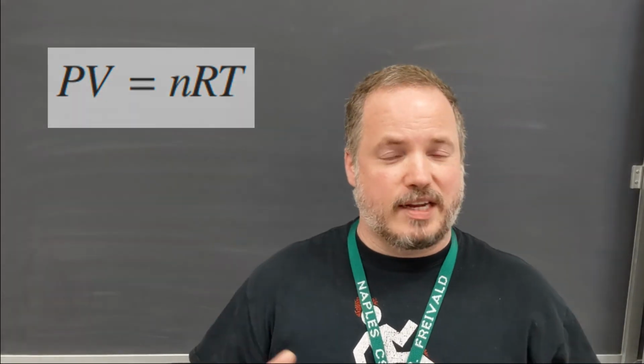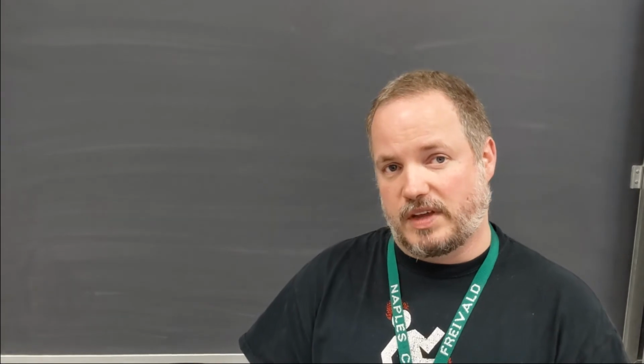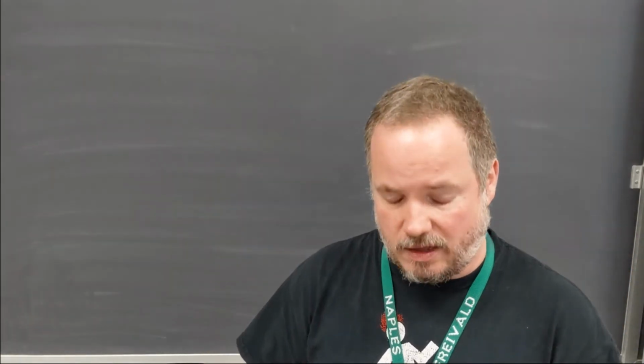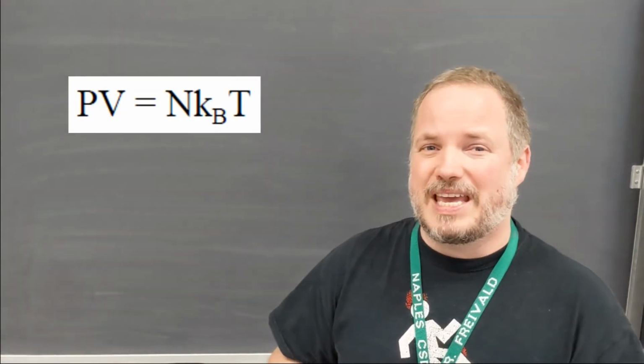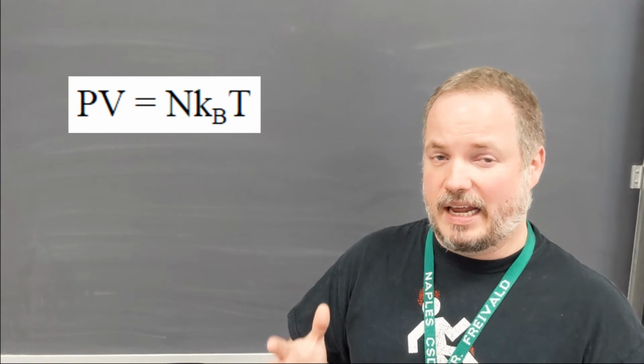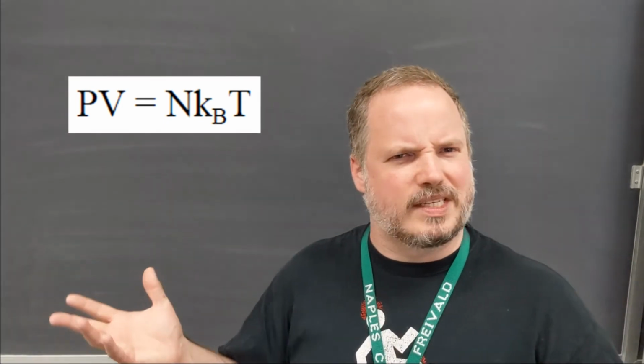An extension of that is almost definitely not chemistry review, but it's what we'll leave you with in this video. If you want to look at gases instead of dealing with huge numbers of moles, you need to know Avogadro's number as well, by the way. If you want to deal with gases on the molecular scale, instead of PV equals nRT, we can use PV equals N kB T. What is this?